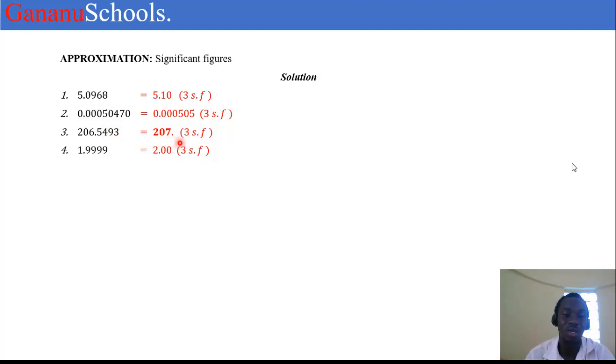But in a case where we discard even a decimal point, then we are referring to whole numbers. We are saying the numbers are not given with decimals. As we did earlier on, when you approximate by adding 1 to this 9, you get 10, and it continues till we get to our 2.